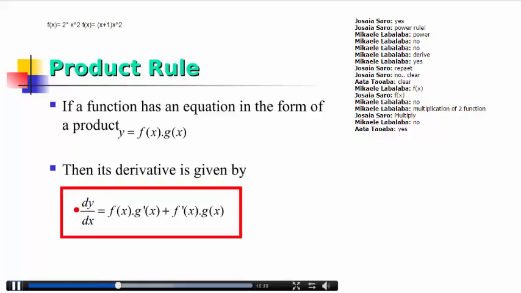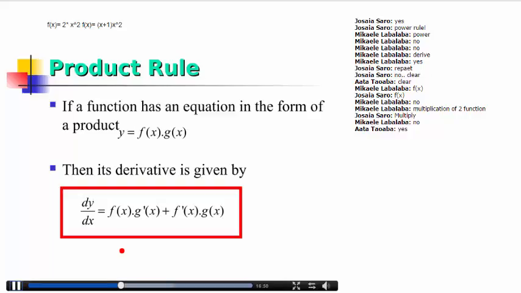And how do we apply it? The formula says that dy over dx will be equals to f(x) multiplied by g dash of x. So we put f(x) as it is and we multiply by the differential of g(x), which is g dash of x, plus now we differentiate f(x), that is f dash of x, and we multiply that by the original g(x).